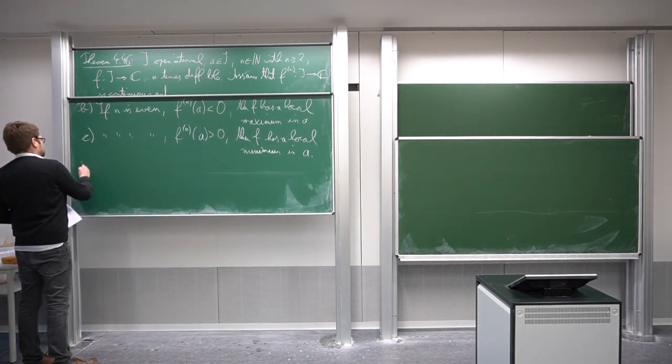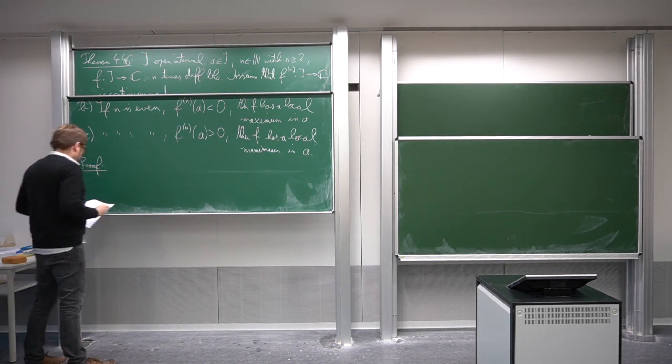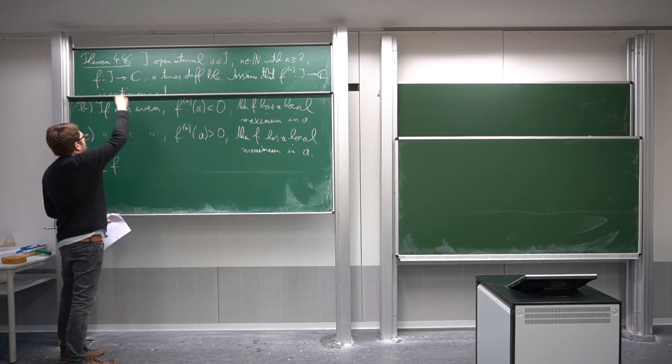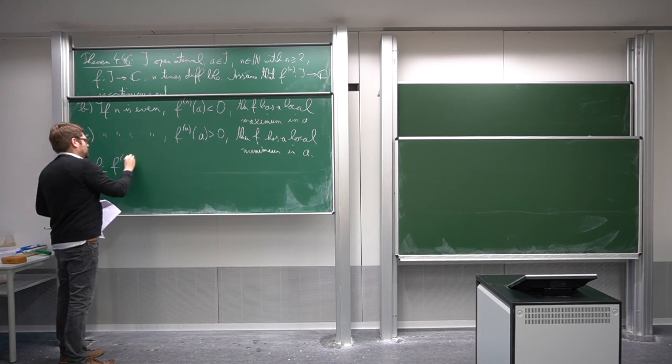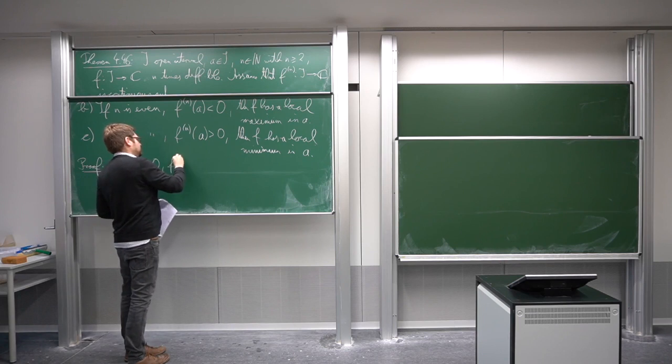So how do we use Taylor's theorem in this case? First I do the general things that are done for all three cases, and then we treat the three cases individually. So f^(n) of A is non-zero, and we assume that f^(n) is continuous.